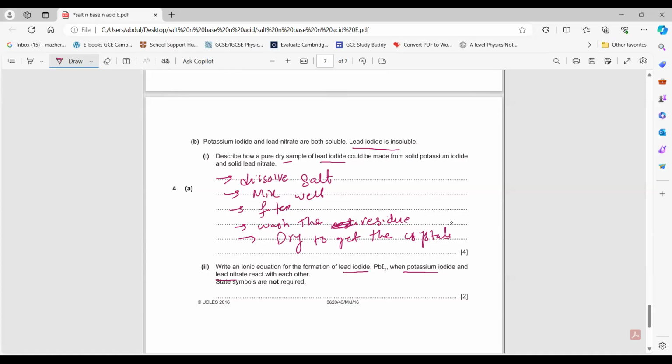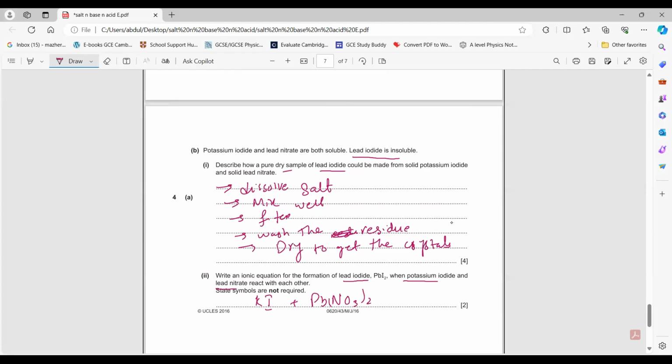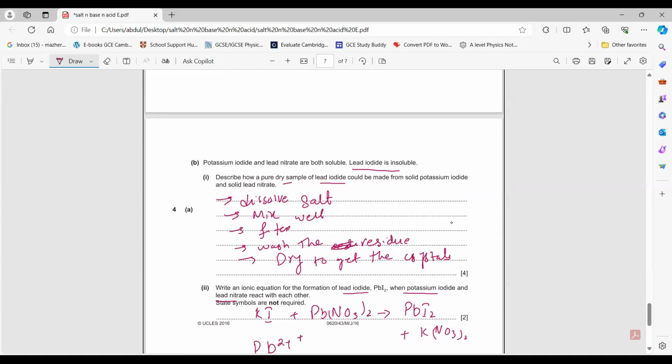So KI reacts with Pb(NO3)2 and gives PbI2 plus KNO3. उसने आयनिक क्वेश्चन भी लिखने को बोला है. सॉरी. चलो अब हम आयनिक भी लिख लेते हैं. हमारे पास है Pb2 positive plus 2I negative gives PbI2.